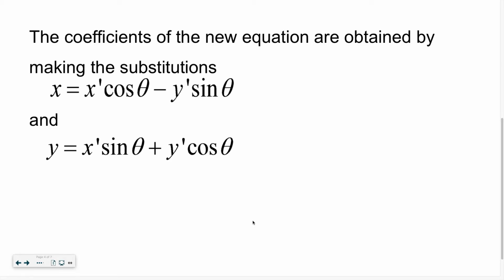We will figure out x in terms of x prime, y prime. We will figure out a new y in terms of x prime, y prime, and then we will substitute these things into the old equation. And when we work out all the algebra, there will be no x prime, y prime term because we're getting rid of it. And then our new equation will be like an old standard form.